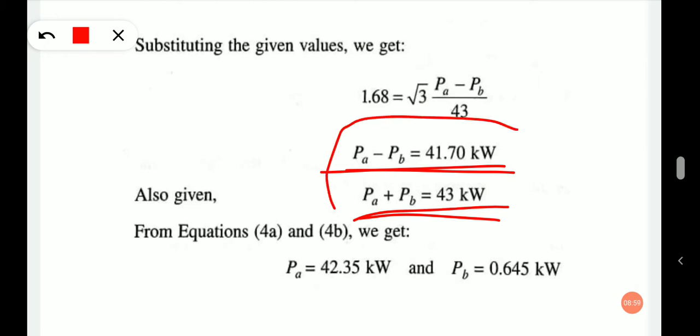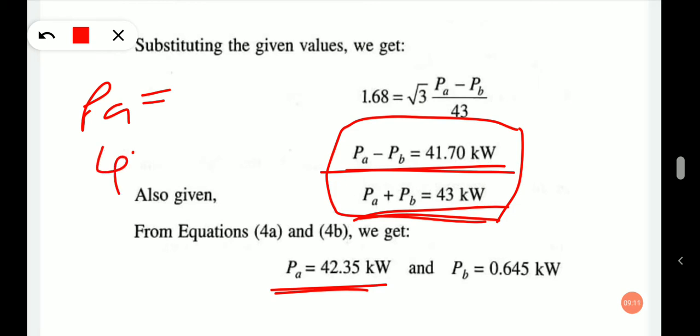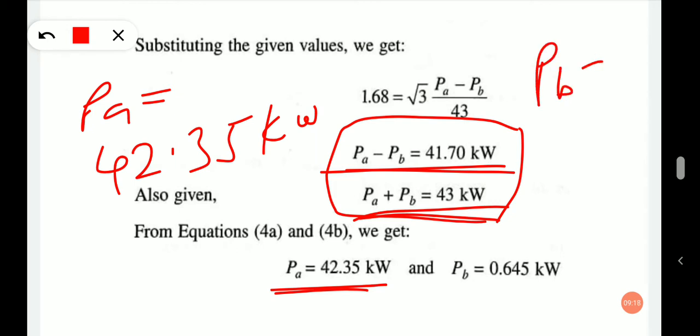If we solve these two equations, then we will get PA equals 42.35 kilowatt, and the value of PB we will get as 0.645 kilowatt. So these are the readings of each wattmeter.